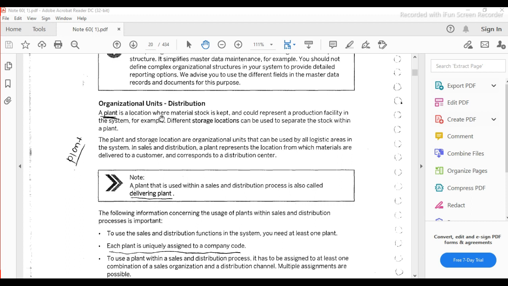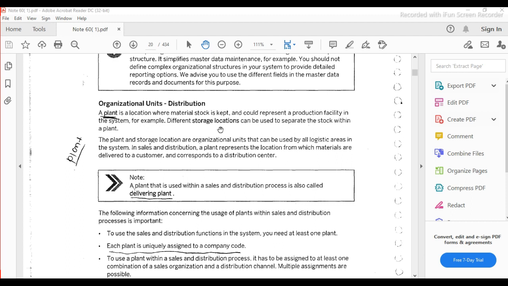Now a plant is a location where material stock is kept, and it could represent a production facility where production happens. Different storage locations can be used to separate stock within the plant. Means under plant we have storage locations.